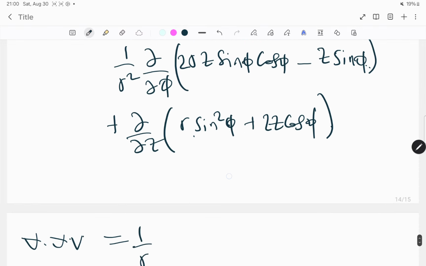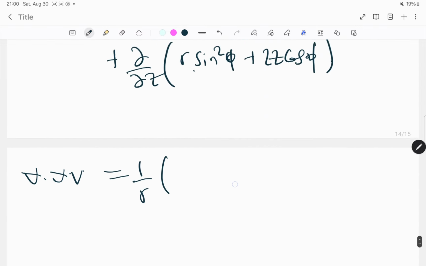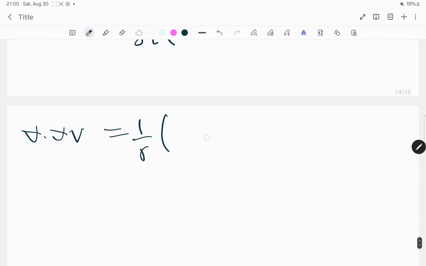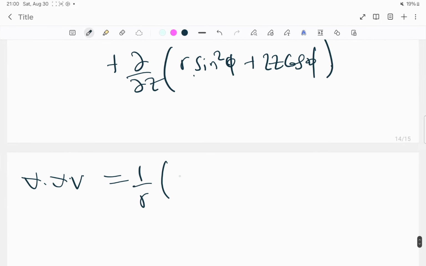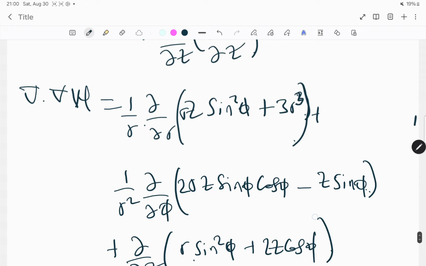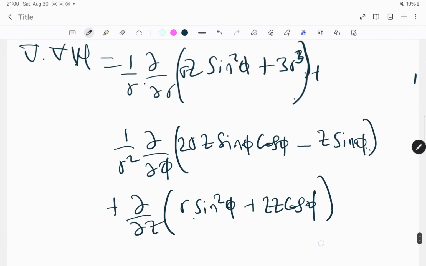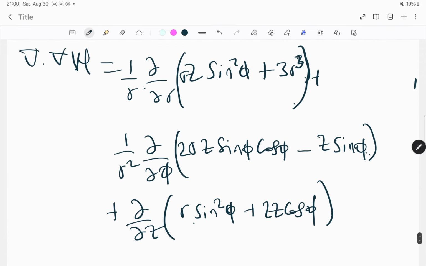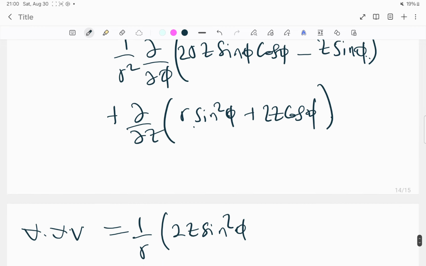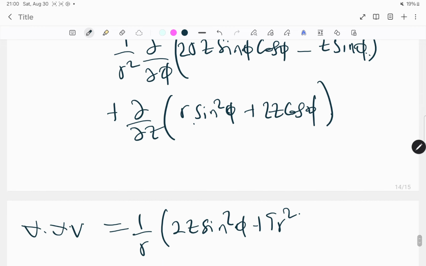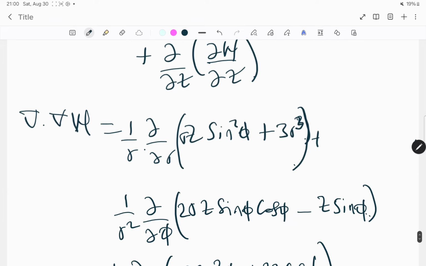So now when we differentiate, I'll get this to be 2z sine 2 phi. Then this one will now be 9r squared. We get this. Okay. So this is this.